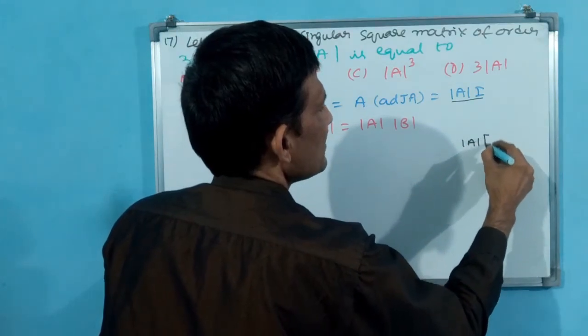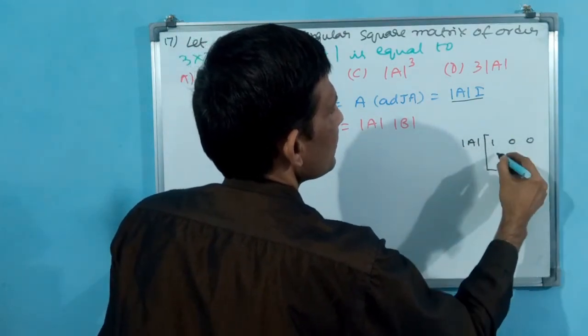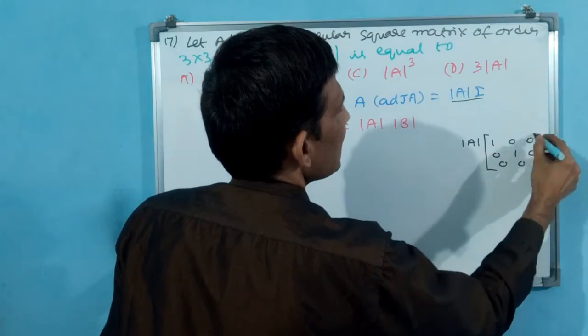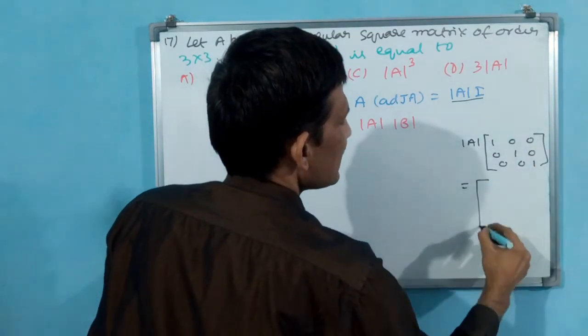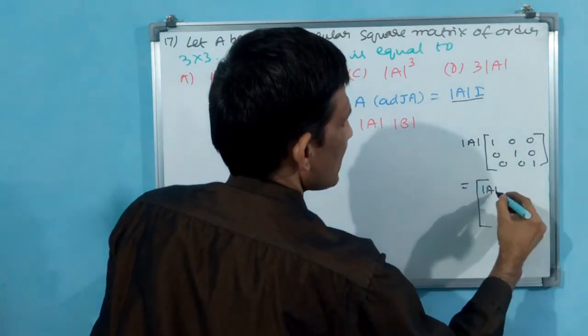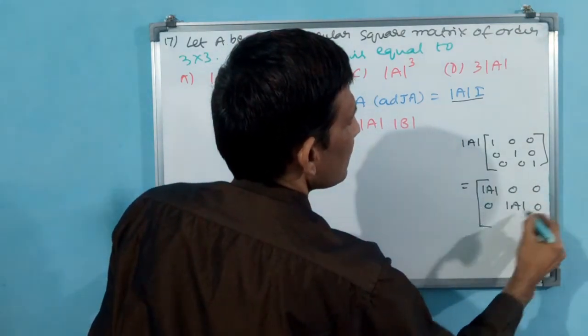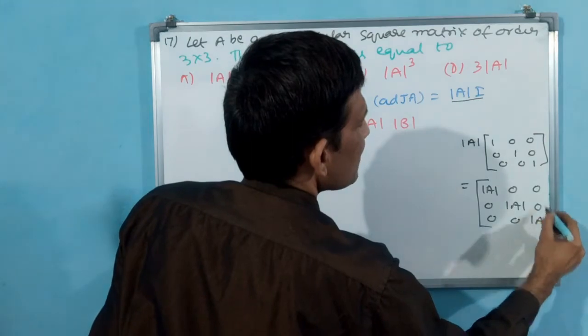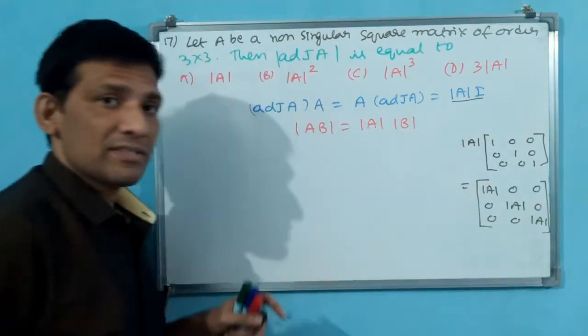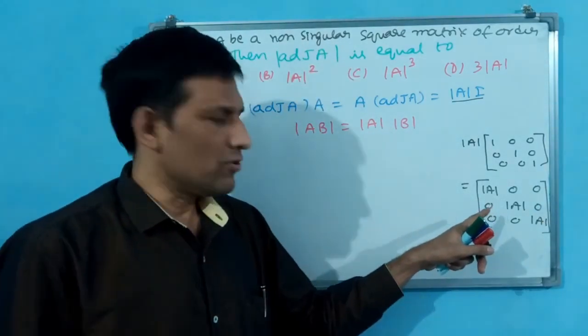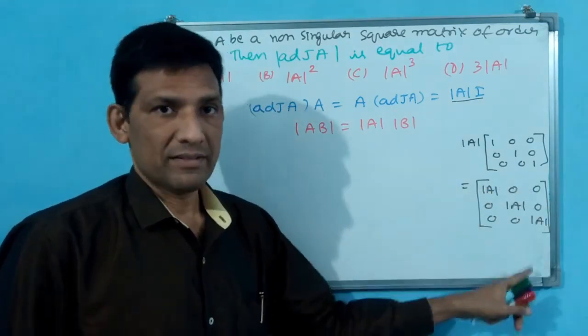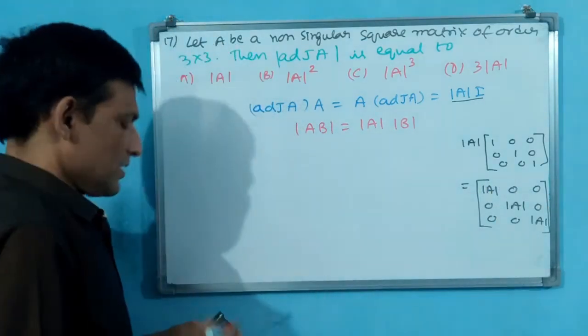Determinant A into 1 0 0, 0 1 0, 0 0 1. This will give you like this: determinant A, 0, 0, 0, determinant A, 0, 0, 0, determinant A. Is it okay? That means this determinant A means scalar only. Inside, matrix is there.